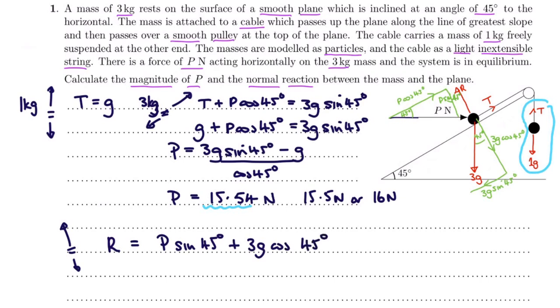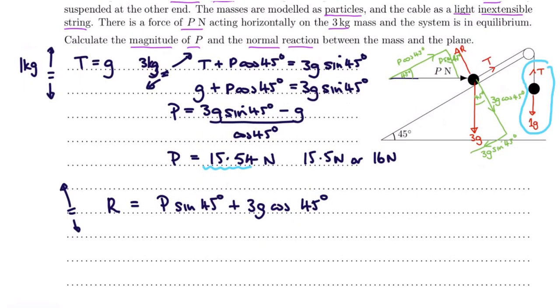And of course, if you put in your P from the other part and use your calculator, you find that R is 31.77, therefore 31.8 newtons or 32 newtons, again maximum 2 or 3 significant figures.